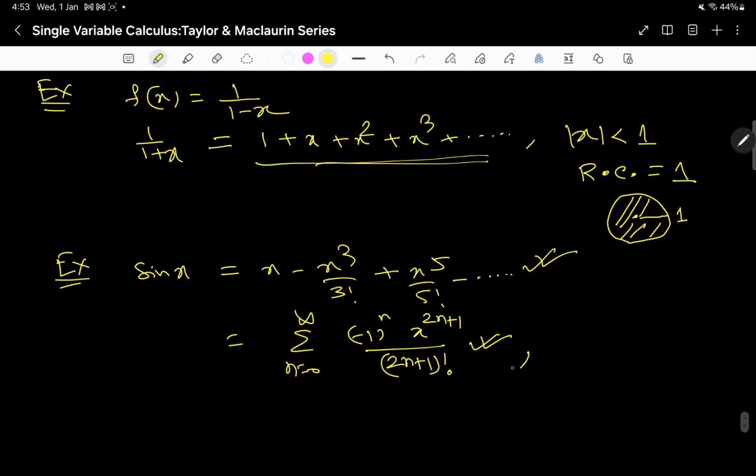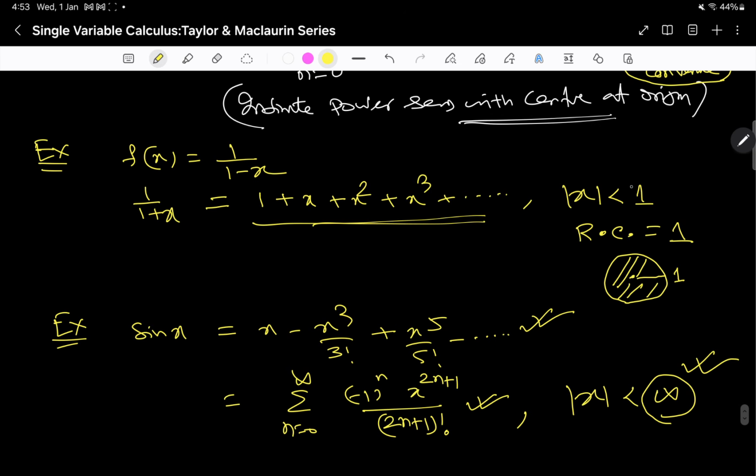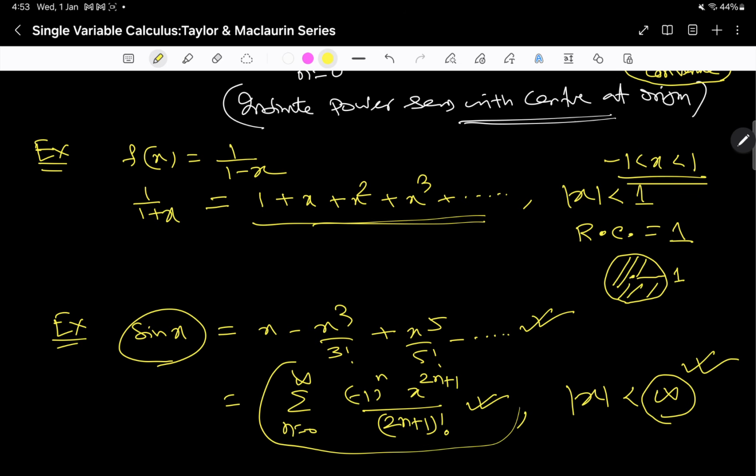Similarly here mod x is less than infinity, means it is valid throughout. So the region of convergence means the left hand side is a function, the right hand side is an infinite series, and this equality holds subject to a given region of convergence. The detailed discussion will be there when we learn the radius of convergence.